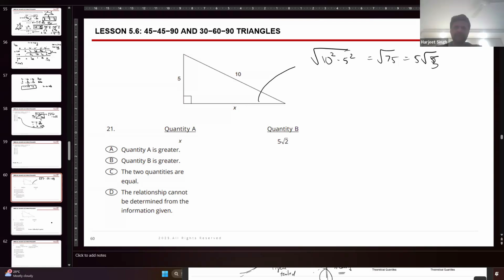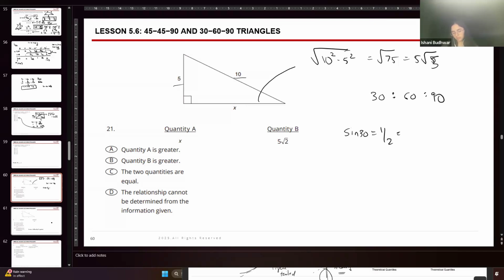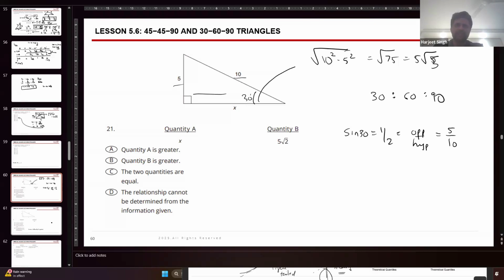This is one way. Second way is to realize that 5 is half of 10. And if we remember 30, 60, 90, we remember sine 30 degrees is equal to half, which is opposite side divided by hypotenuse. Here opposite side is 5, hypotenuse is 10, so 5 by 10 is half, which is sine 30, which means this angle is 30 degrees and the other angle will be 60 degrees.